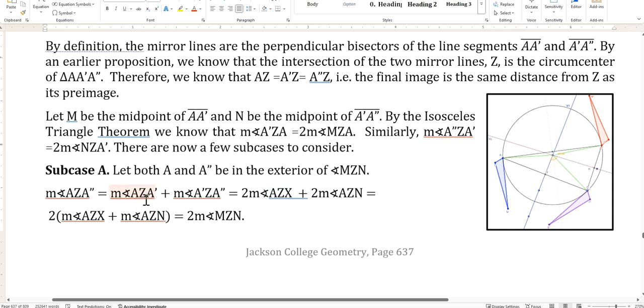But the measure of A Z A prime is going to be twice the measure of MZA. Okay, MZA, twice that one. And this one, because of this isosceles triangle over here, this bisects the angle there as well. So that's going to be twice the measure of AZN.